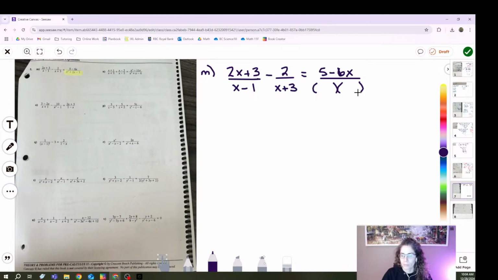Good. That's a bad looking 3, but there it is. Yep. Alright, what's our next step?